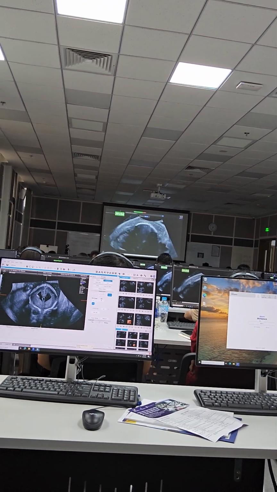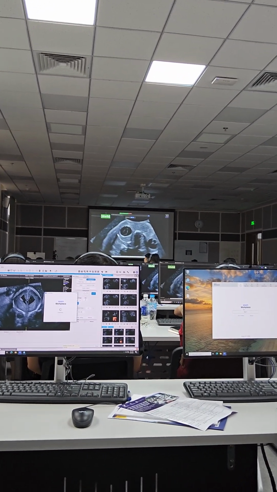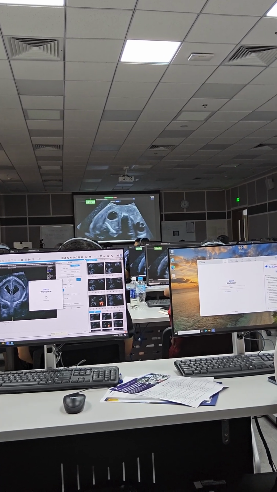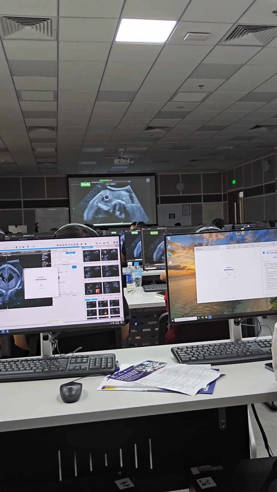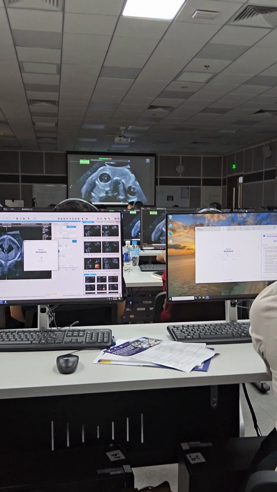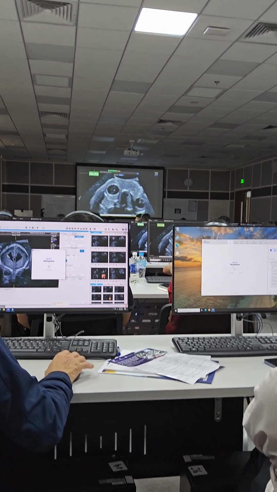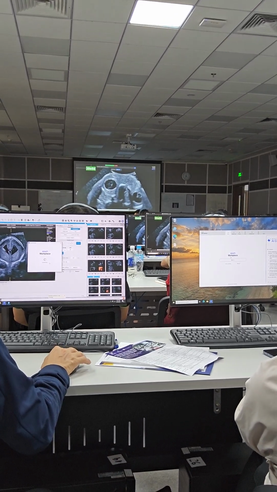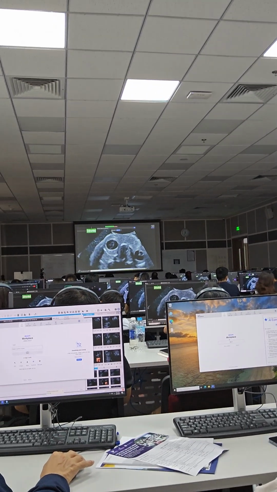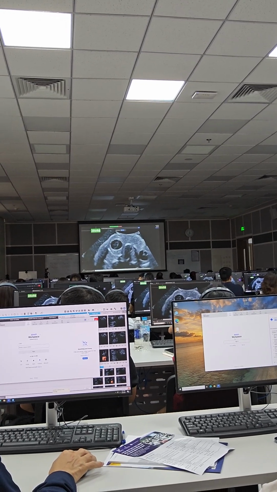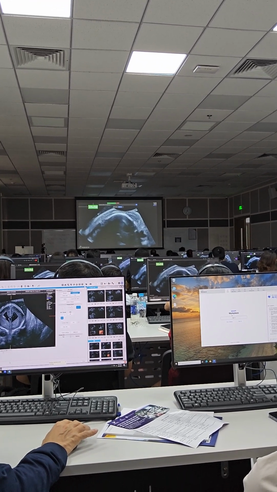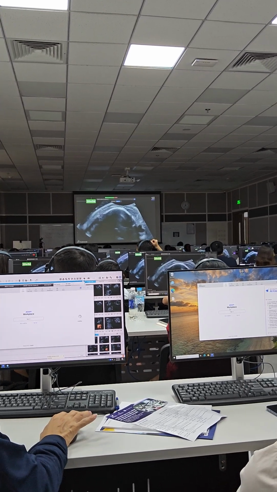Hemorrhage. Where? So, what is this? This is lens, right? But what is this membranes? This is the membranes inside of the eye, right? What is this? One more video.